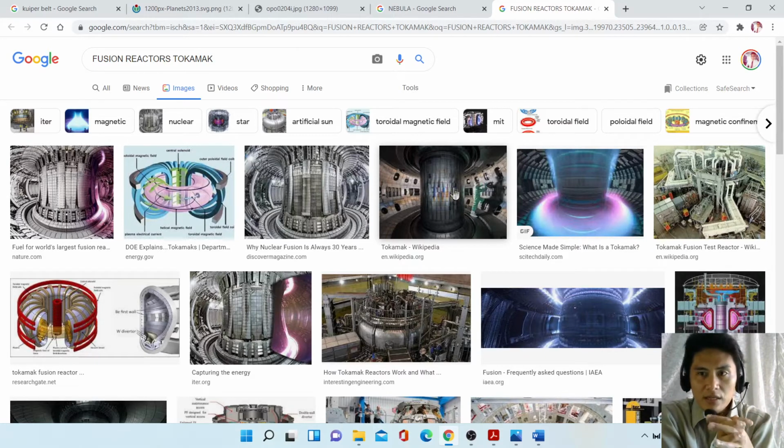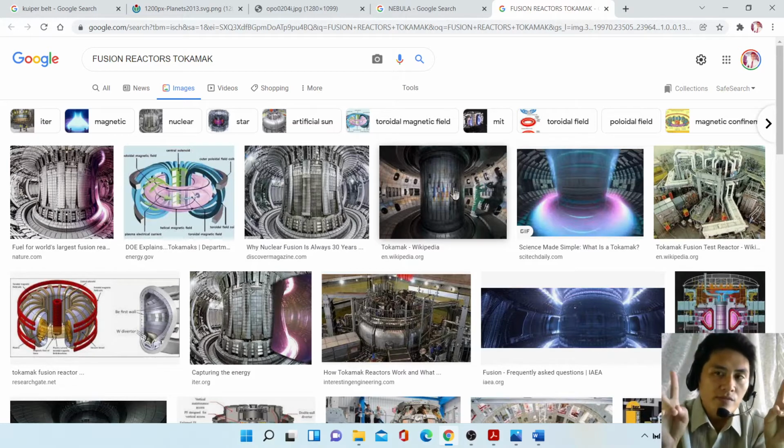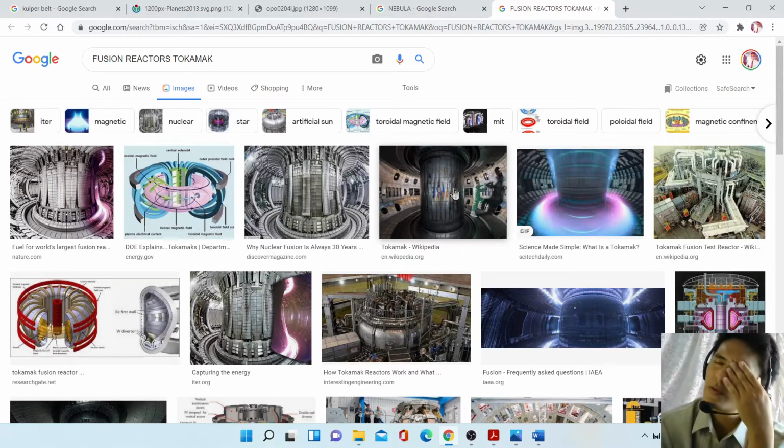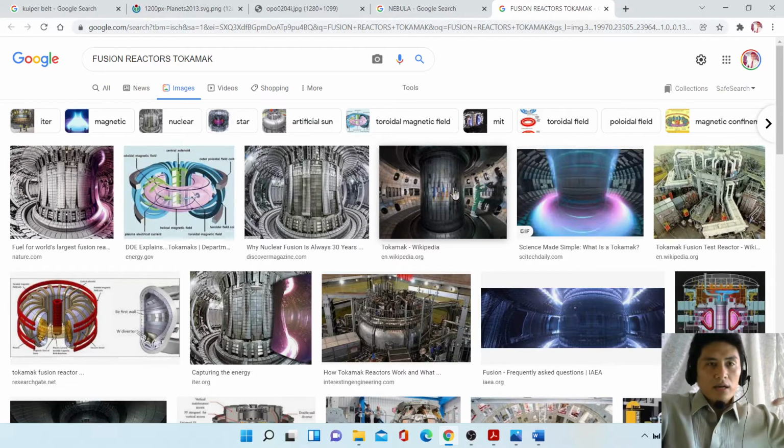And when they compress, it ignites and triggers fusion, and we can make our own star. Kind of like in Spider-Man 2, Tobey Maguire's enemy was Doc Ock, and Doc Ock was trying to create an artificial star through fusion.